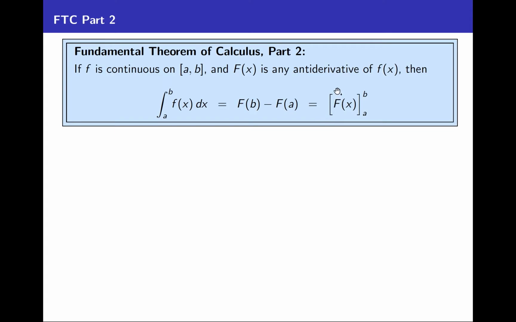That difference is abbreviated this way, which we read as big F of x from a to b. It's just a notation that stands for big F of b minus big F of a.